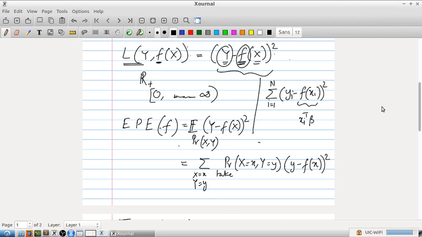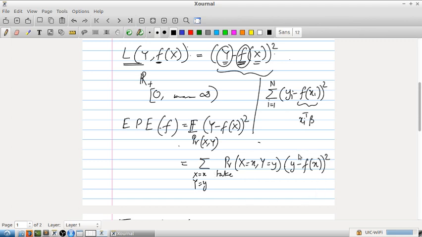So what is the question? Let's say this is the RSS for now, some function which is a function of your realizations of your input and output variables and your model f.